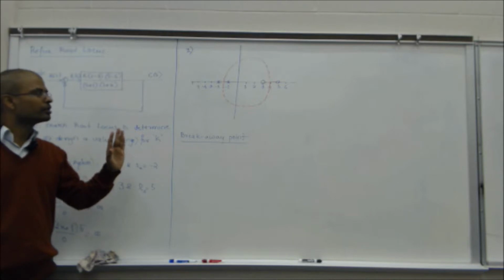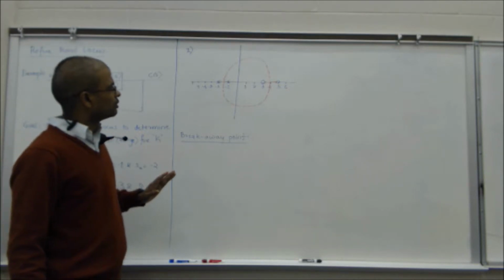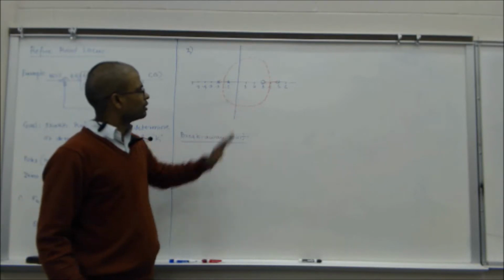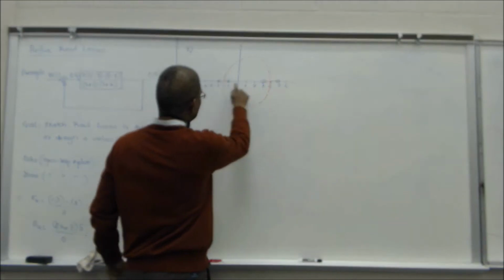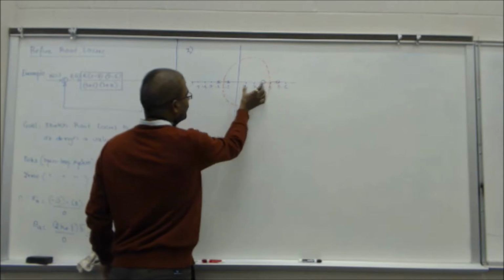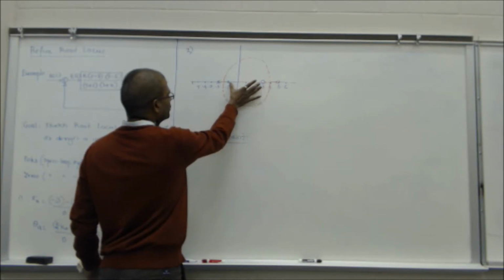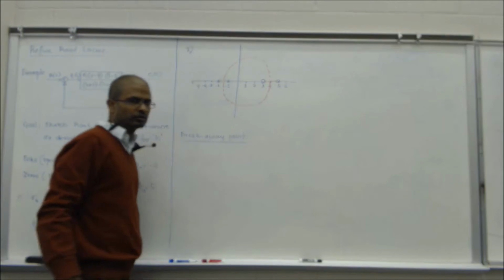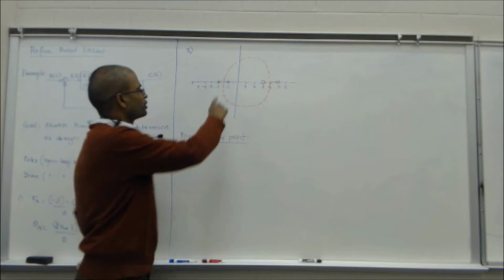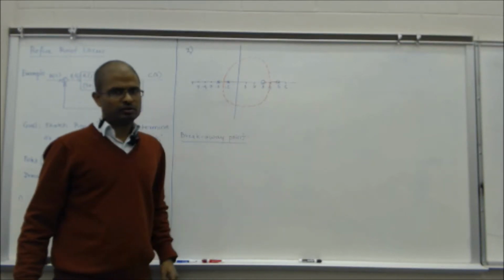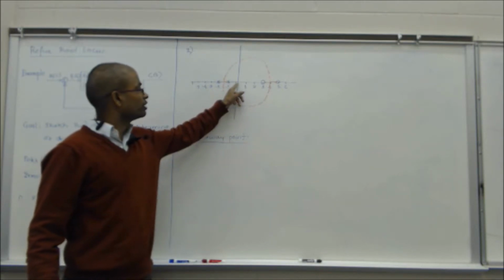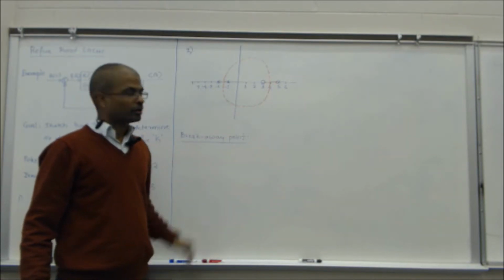So this means, this is your real axis, right? If you look at this, why does root locus not exist here? Why did I not just join like this? It would be symmetrical if I just join this. I can just join that as well.